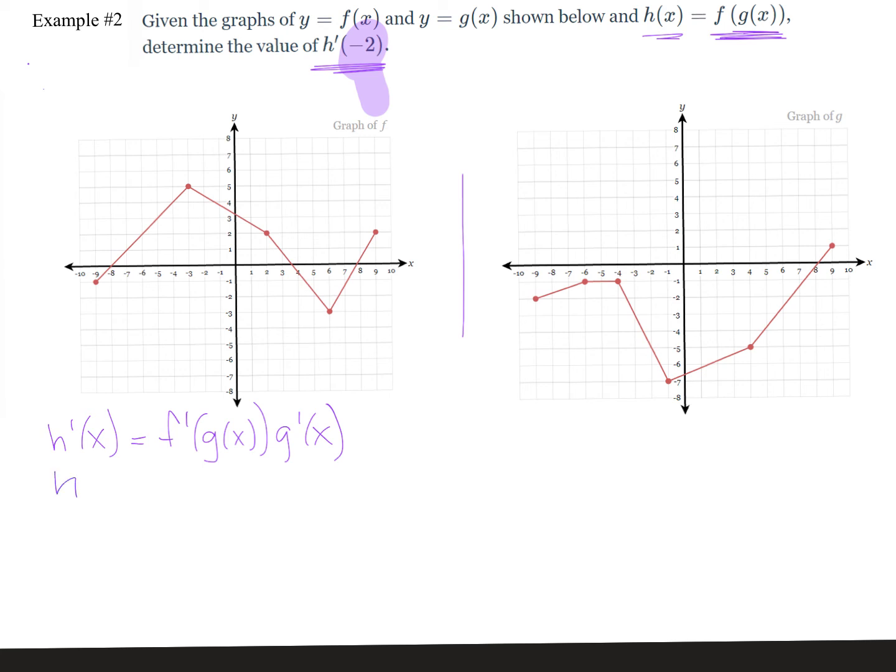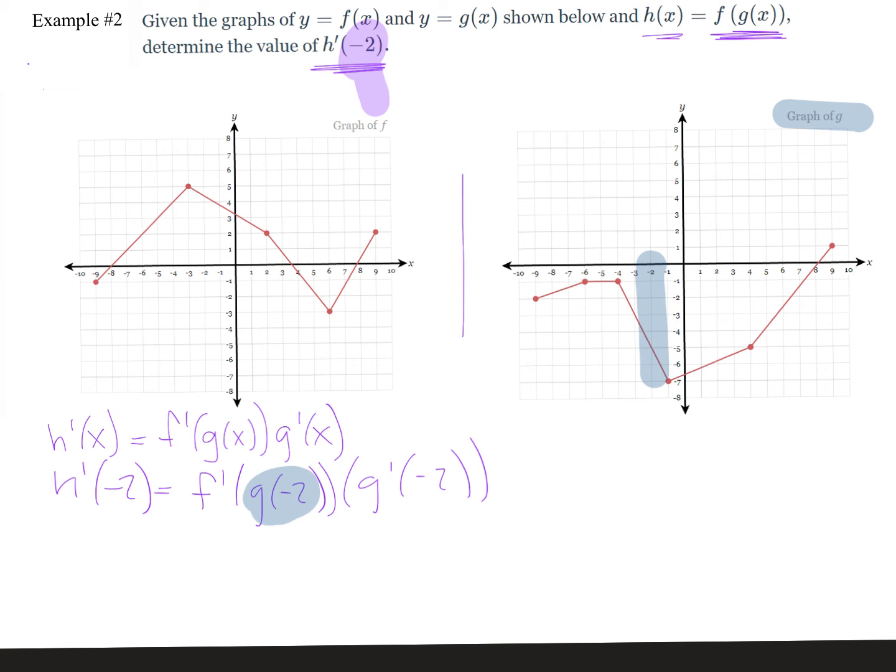Here we go. h prime of negative 2 is equal to f prime of g of negative 2 times g prime of negative 2. The only one of these that I can fill in right now based on the graphs is this part. If I come over to my g graph and go to negative 2 as an x value, I can see that that equals, actually hold on, I'm having a hard time seeing that.